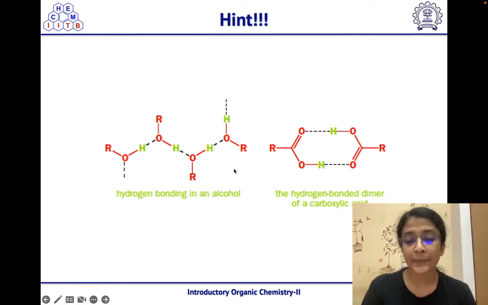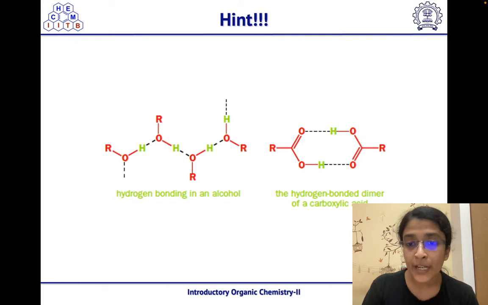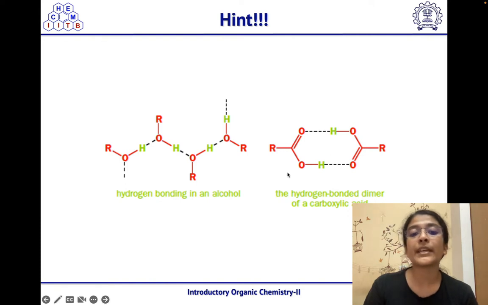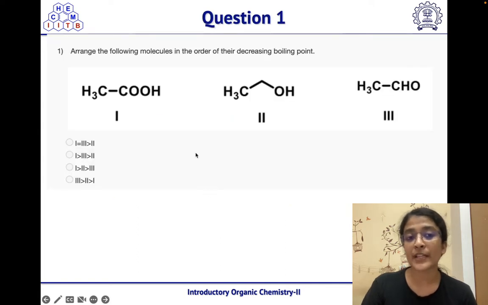So is it clear? Acid is forming dimer molecules like this because of intermolecular hydrogen bonding, and because of the formation of these dimer molecules, the boiling point of acid will be greater than that of alcohol. So now, coming back to our question, out of this acid, alcohol, and aldehyde, acid will have the greatest boiling point, then comes alcohol.